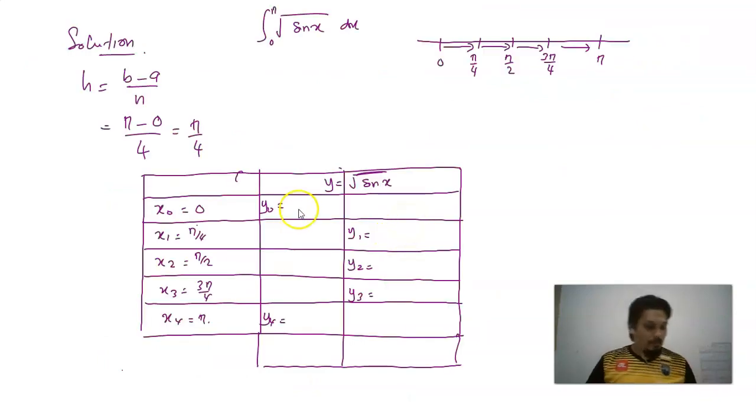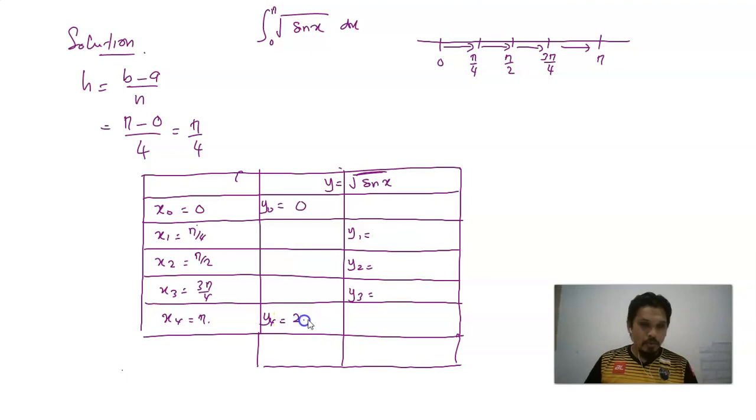Okay, now for y naught, x equal to 0, sine of 0 equal to 0, and square root of 0 equal to 0. And this one here, you may use your calculator.